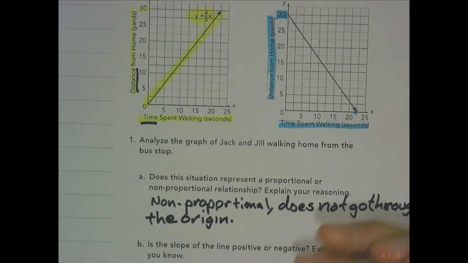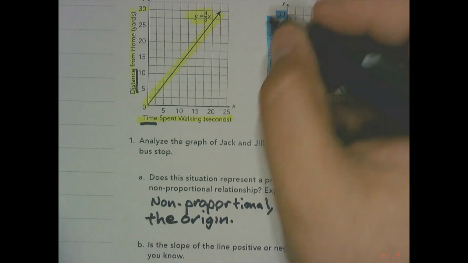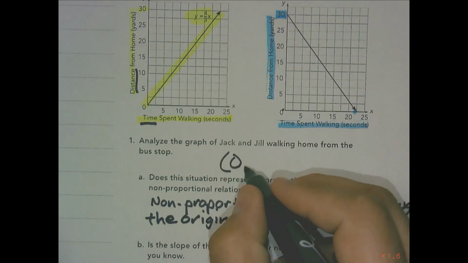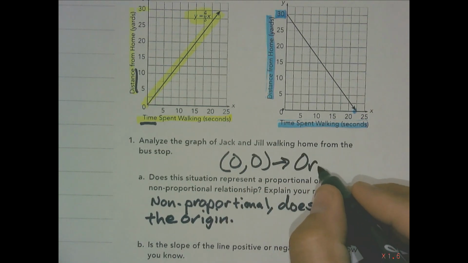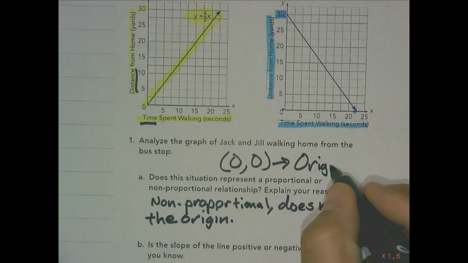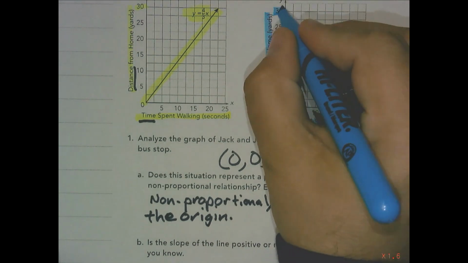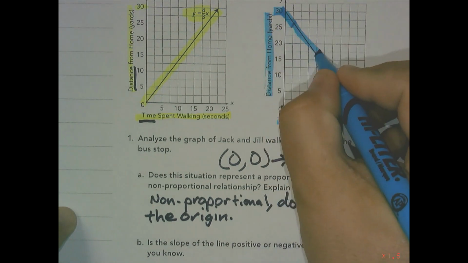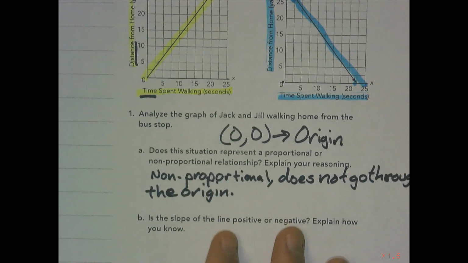Okay? So this isn't going through the origin, right? The origin, if you remember, the origin is 0, 0. And so because that line does not go through the point 0, 0, then it's non-proportional. It has a constant rate of proportionality to somewhat because the change is the same all the time.